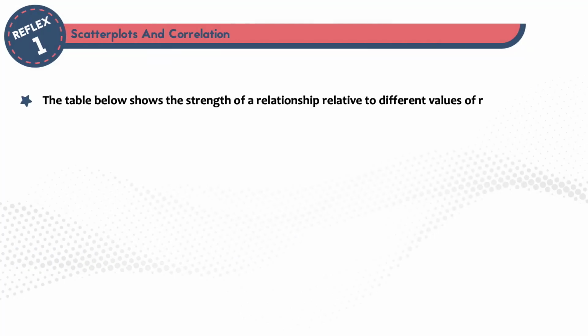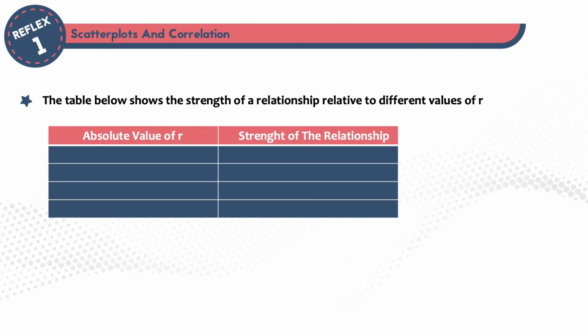And guess what? We have a nice table here that shows the strength of a relationship relative to different values of R. So if the absolute value of R is less than 0.3, in other words, very close to 0, then the strength of the relationship is classified as none or very weak.